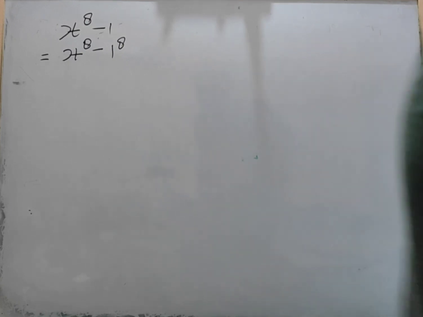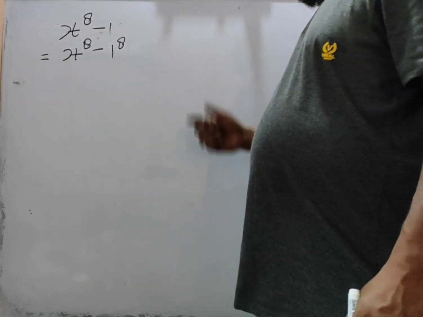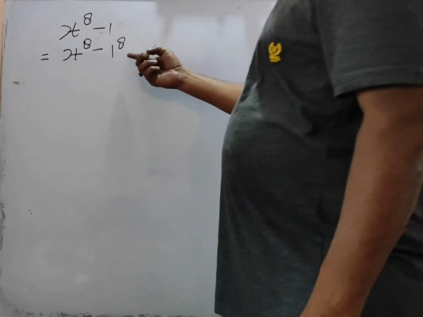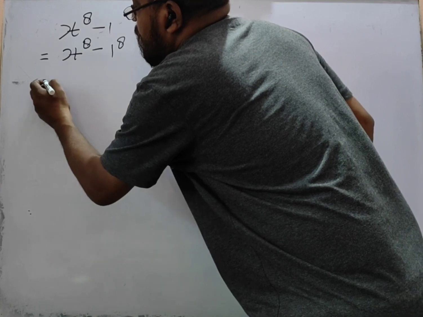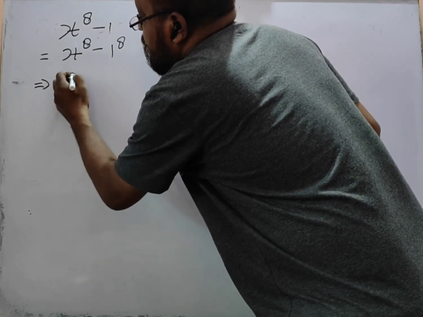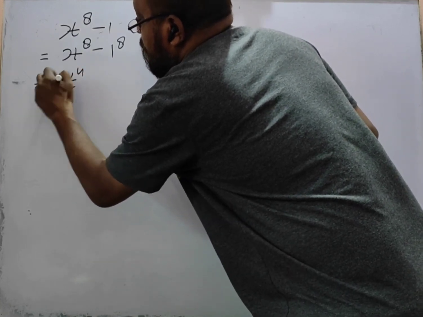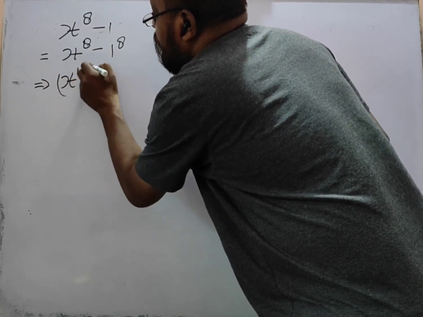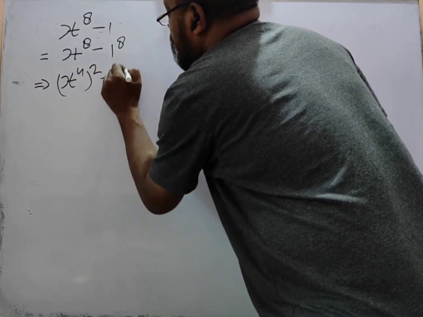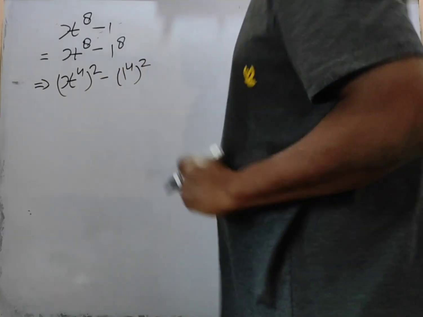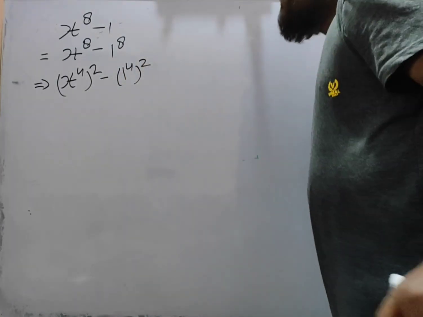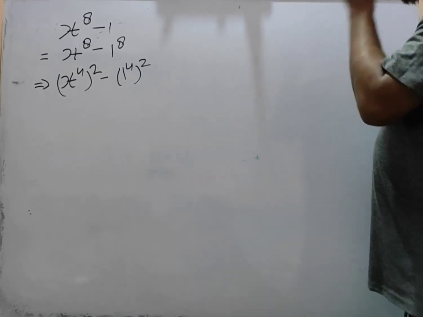So that's why we write x raised to the power 8 minus 1 raised to the power 8. If now we write x raised to the power 4 whole power 2 minus 1 raised to the power 4 whole power 2. Right? Now, here identity is changed.